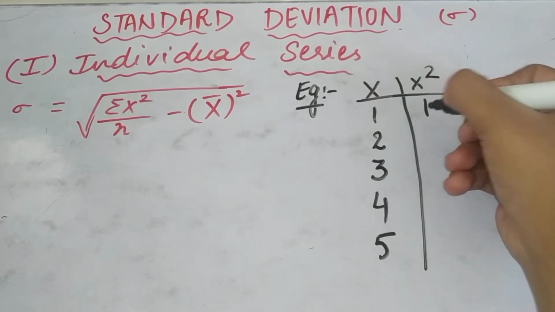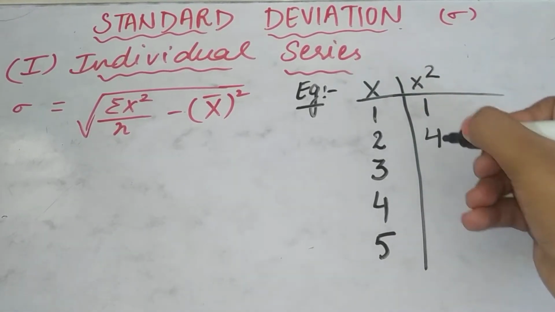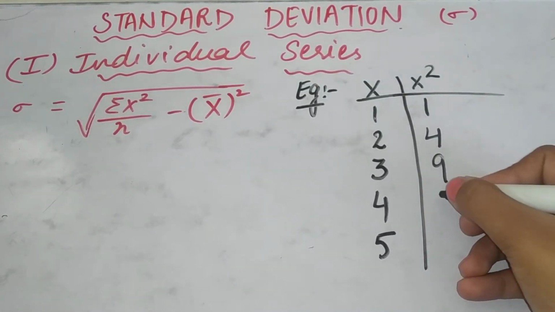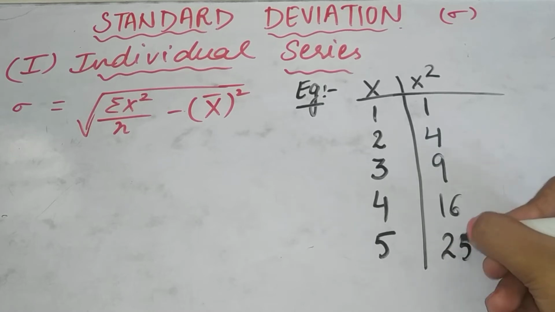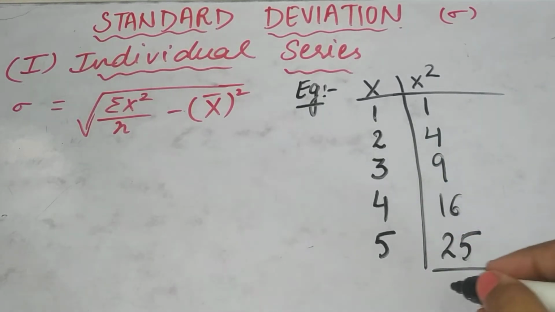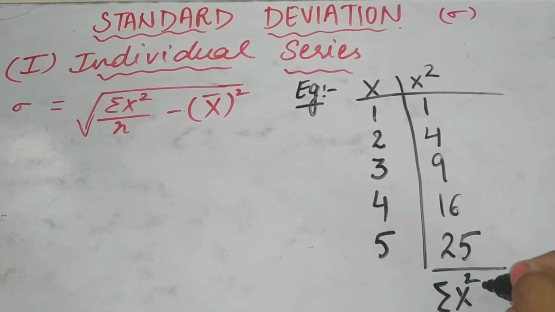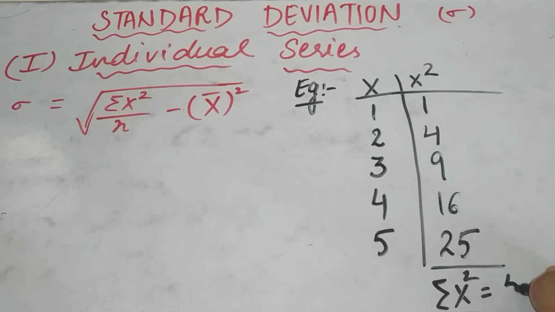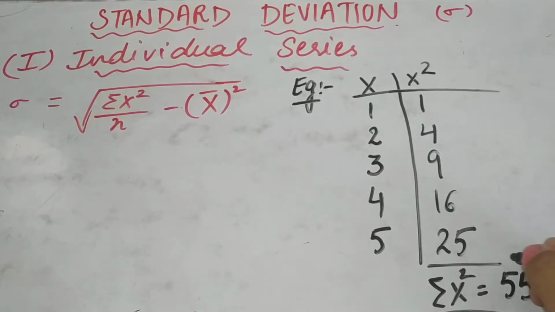Square of 1 is 1, square of 2 is 4, square of 3 is 9, square of 4 is 16, square of 5 is 25, and if we add them we get the value for summation x square.